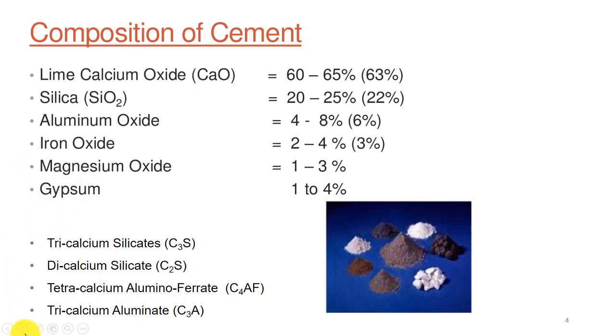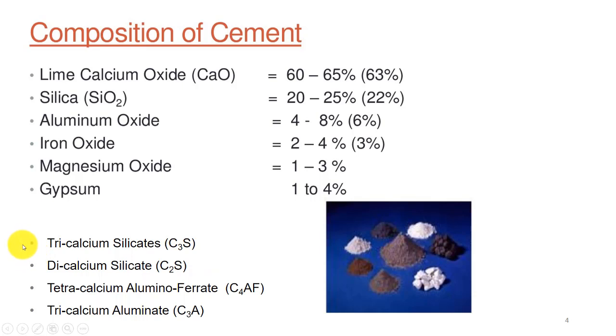The products mentioned over here are the compounds which are formed as a result of clinker manufacturing and grinding. I will discuss it in the manufacturing of cement, but over here I want to show the significance and importance of each constituent.